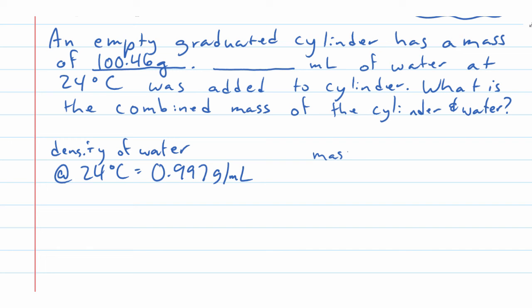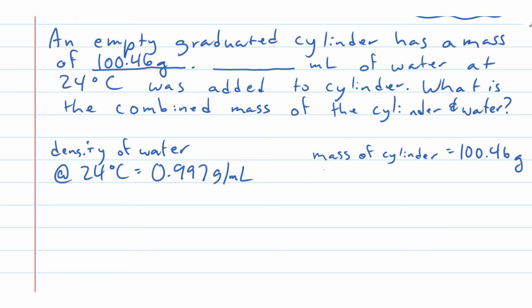Right, so let's just jot down some information we do know. We do know the mass of the cylinder, and that mass of the cylinder is 100.46 grams. And if we want to find the combined mass of the cylinder and water, then which mass do we need to calculate? Water. We need to find the mass of the water.